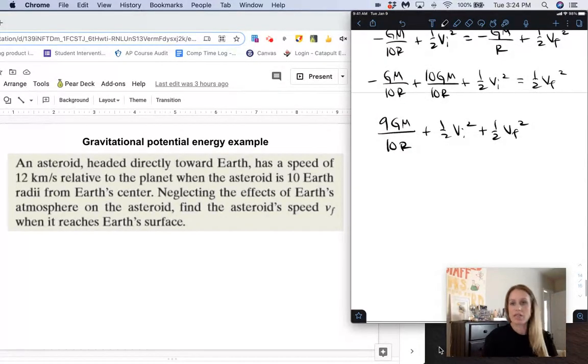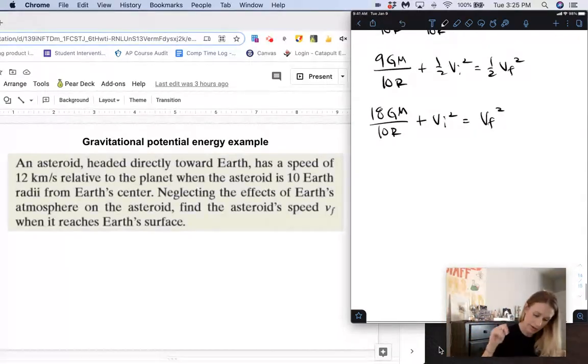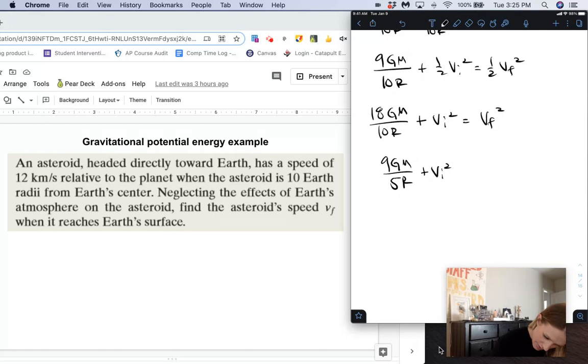I'm going to multiply everything by 2 in order to get rid of those 1/2s. So we get 18GM over 10R plus v initial squared, oops, equals v final squared. And then now just reduce, divide both by 2, we get 9GM over 5R plus v initial squared equals v final squared.